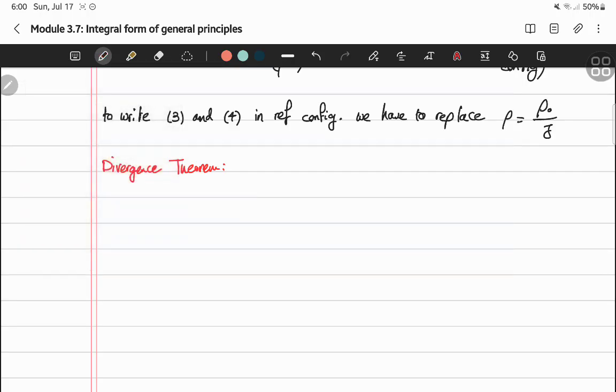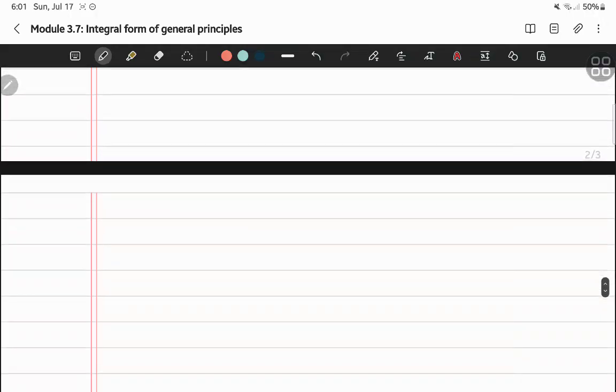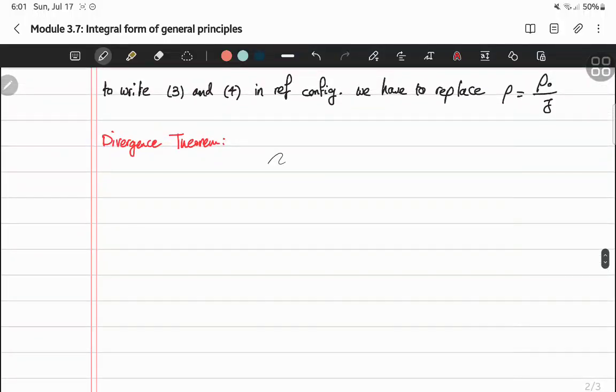If you want to describe the divergence theorem in simple words, we can say it's a theorem with which you can convert an integral over the volume to an integral over the surface and vice versa. This is a very rough definition for the divergence theorem.